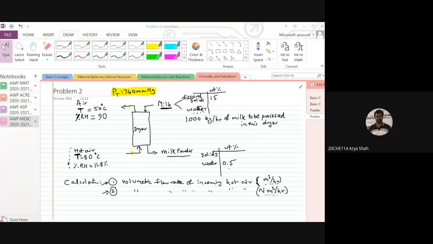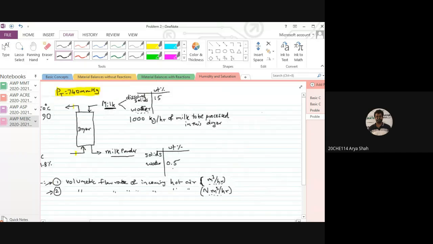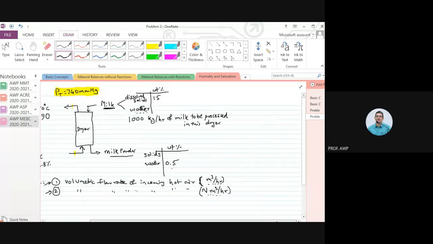For hot air at temperature 50 degrees Celsius, it would be 27.13 meter cube per hour. No, I want incoming hot air. Incoming hot air is at 80 degrees Celsius. One minute, sir. Okay.